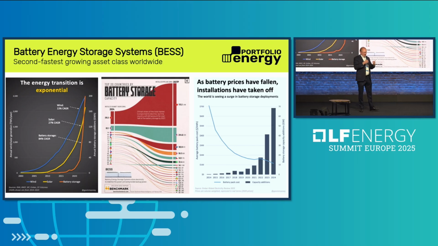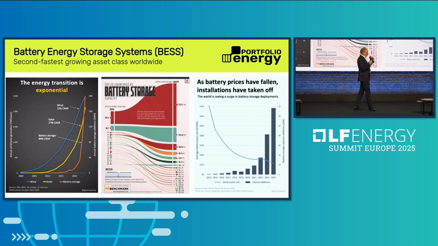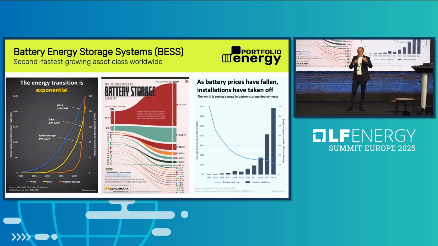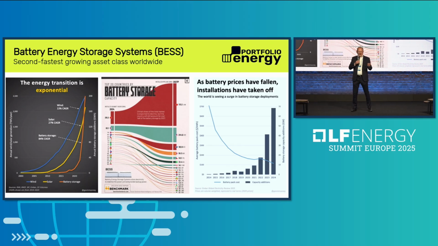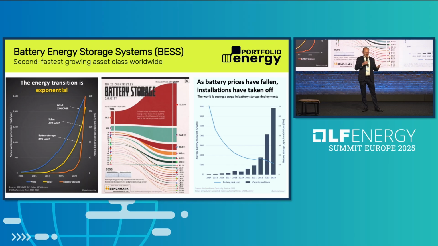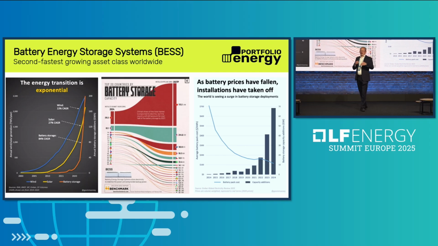And so, yeah, battery storage is a great trading asset, but the other way to look at it is that it essentially absorbs excess renewable generation and makes that available at a later point in time. Or from a trading perspective, you use it to buy power when it's cheap, and you use it to sell when prices are high.